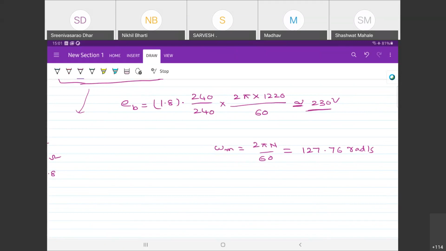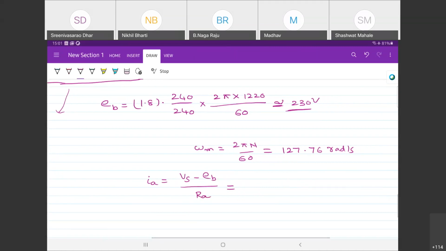Now we need to calculate the armature current. What is the formula for IA in a shunt machine? It is Vs minus E_B divided by the armature resistance. This is the formula for armature current. So how much will you get here? It is 240 minus 230 divided by the armature resistance 0.6.